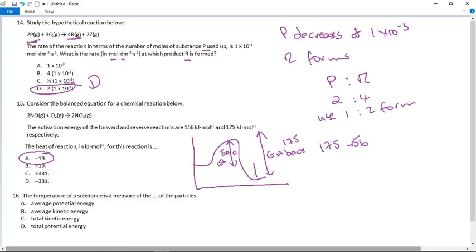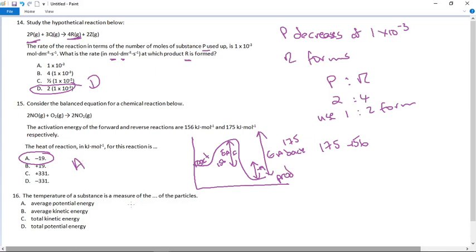You can see on this graph here, this is going to be minus 19. 156 plus 19 gives you 175, but the reverse reaction is from the products to the reactants, and it was harder to achieve. So number 15, the answer is A.